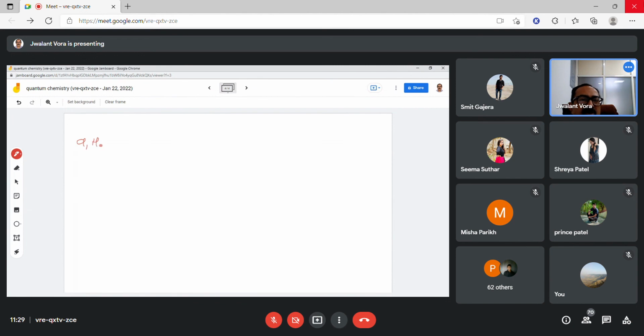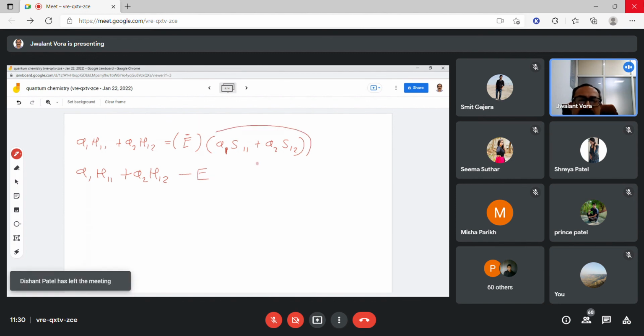A1 H11 plus A2 H12 is equal to E or E bar into A1 S11 plus A2 S12. Let me open the bracket. A1 H11 plus A2 H12 minus E or E bar, bring this part to this side. It will go with the minus sign. E or E bar S11.